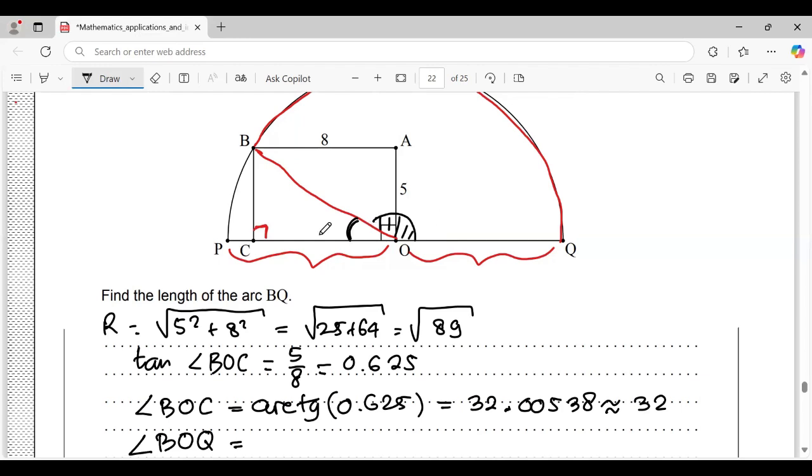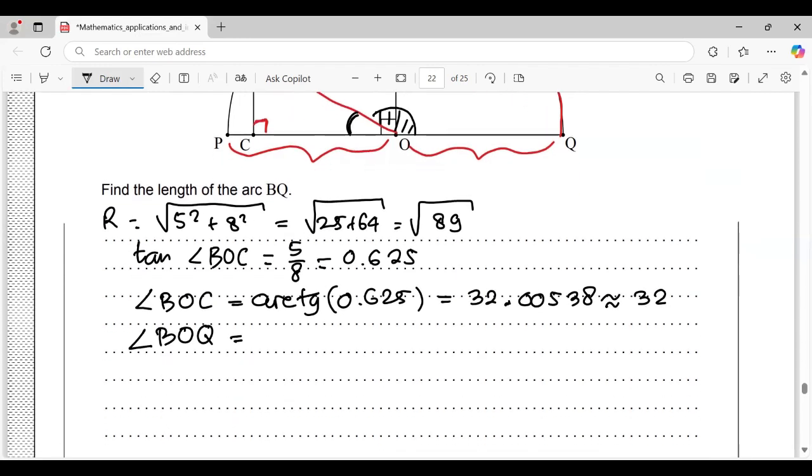This angle is 180 minus angle BOC, 180 minus 32, which is 148.